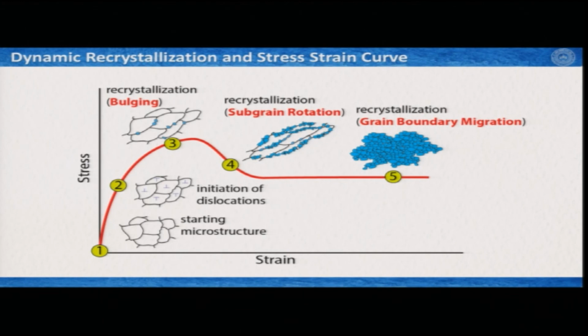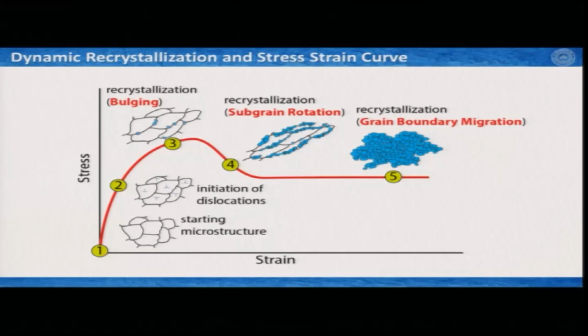So, with respect to the stress strain curve, we have seen this illustration before. If we try to see this, you have your starting microstructure, you start deforming it, you achieve your yield stress somewhere here, where you start moving your dislocations inside the crystal. Then it requires a significant amount of stress hardening, right.